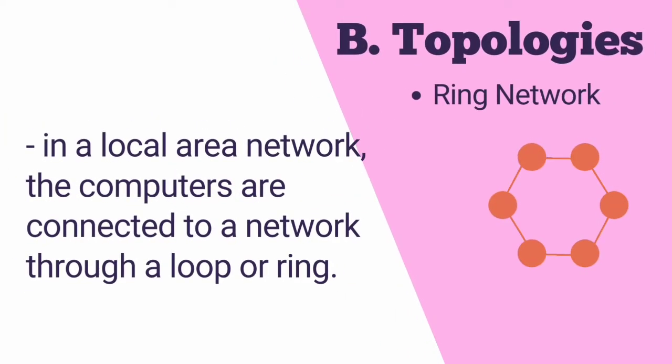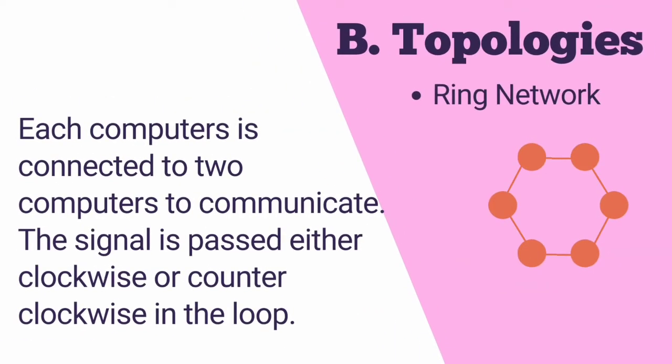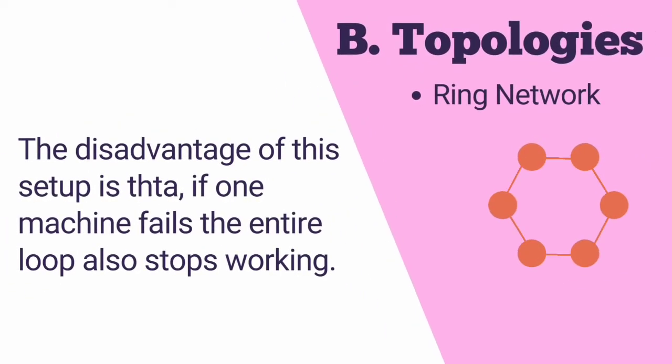In a local area network, the computers are connected to a network through a loop or ring. Each computer is connected to two computers to communicate. The signal is passed either clockwise or counterclockwise in the loop. The disadvantage of this setup is that if one machine fails, the entire loop also stops working.